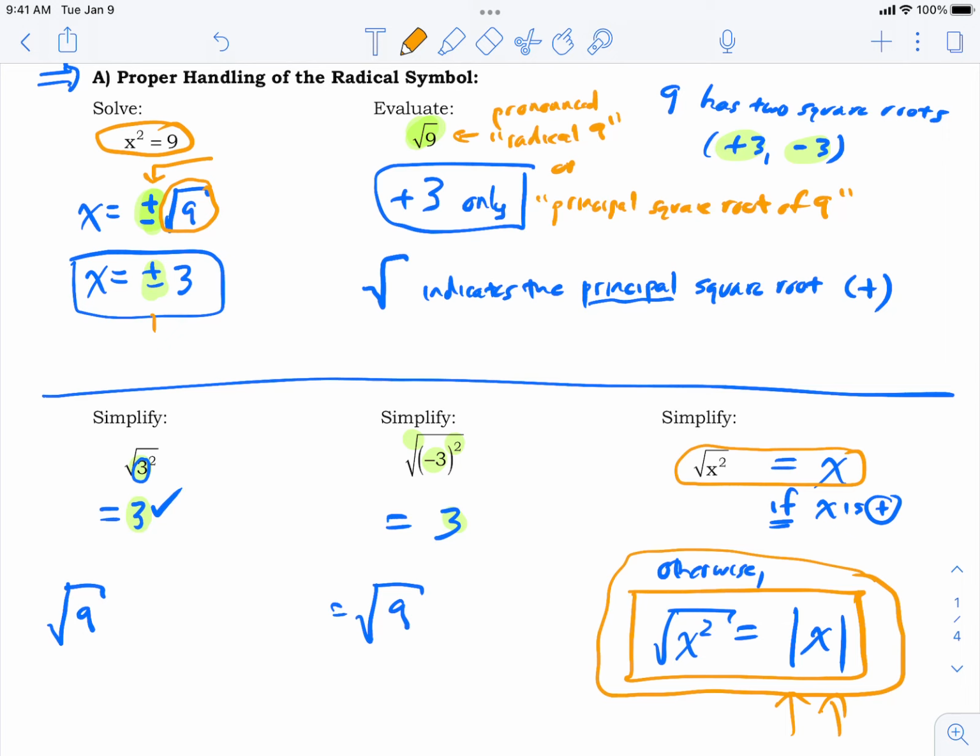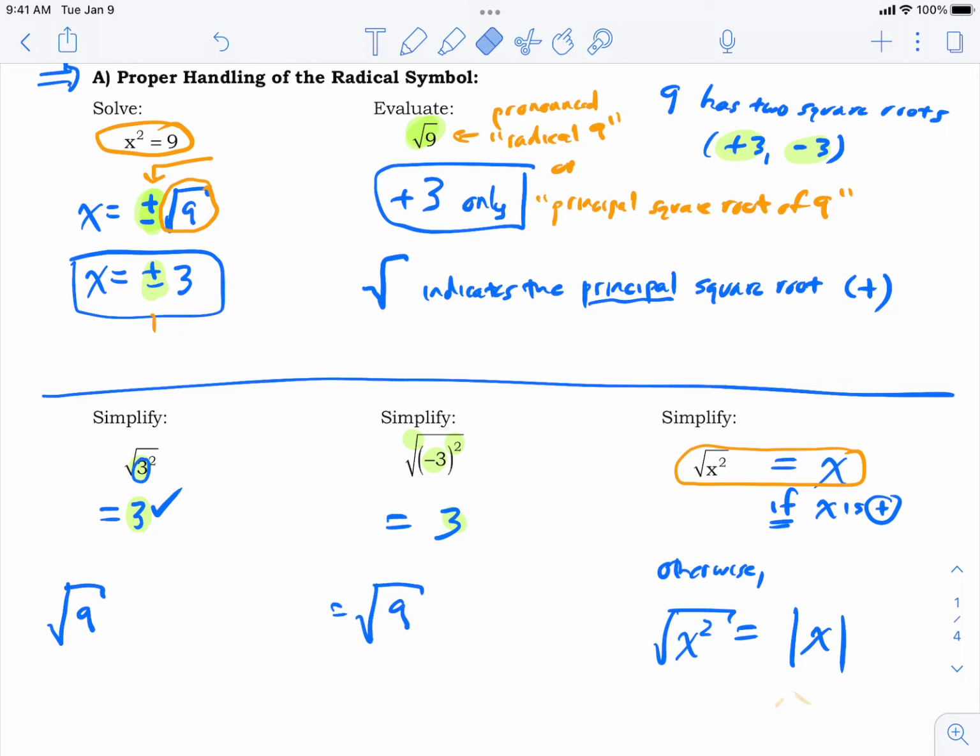Once more, this radical symbol is telling us principal or positive root. You have to have a positive answer over here. So since you have absolutely no idea what x is, it could be positive, it could be negative, using the absolute value bars hedges your bets to make sure that you really do have a true equation. Okay, so you got to keep this in mind.